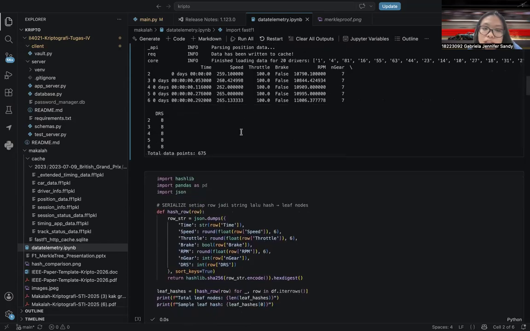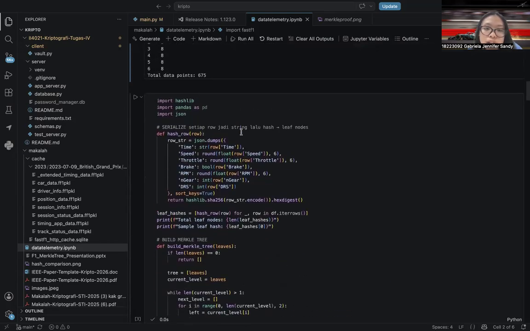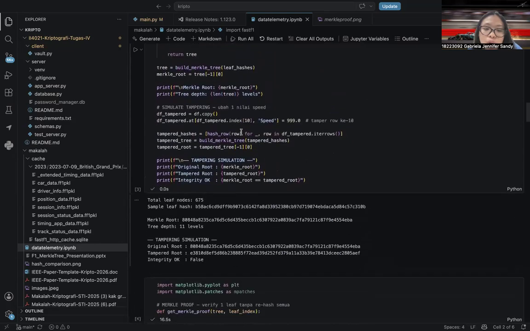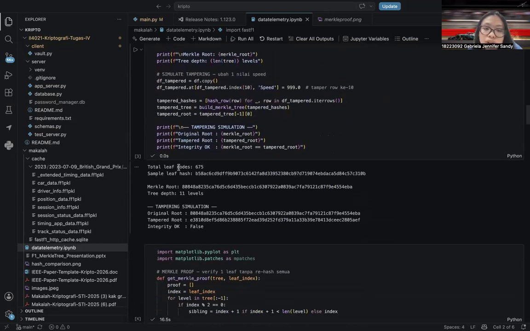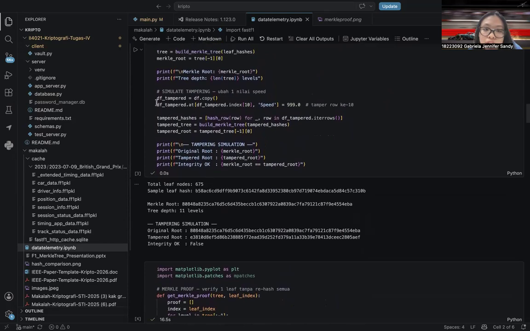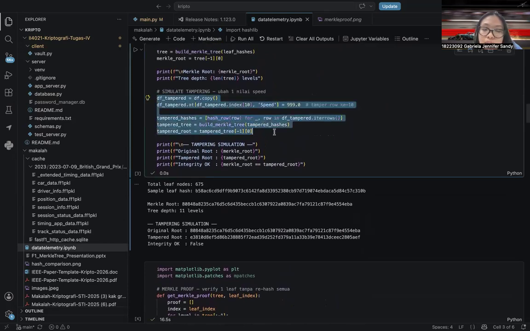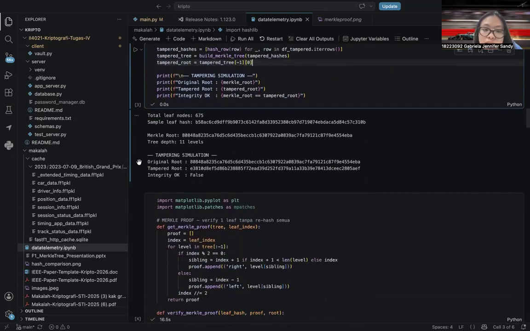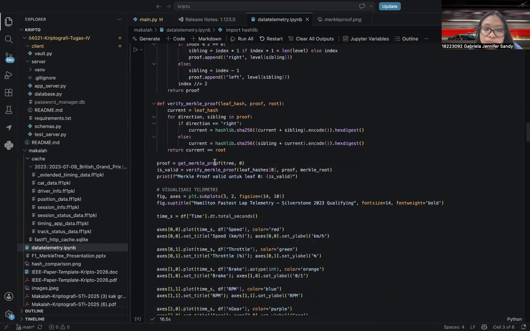After I got this data, I will run this series of code, which then will give me the total number of leaf nodes, the sample leaf hash, the Merkle root, and also a tampering simulation that I did here. We can see that after the tampering is simulated, the tampered root is different from the original root.